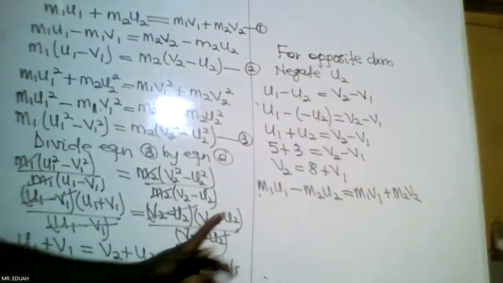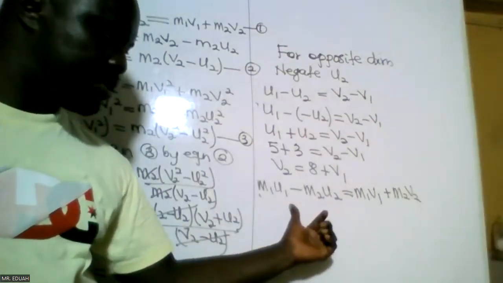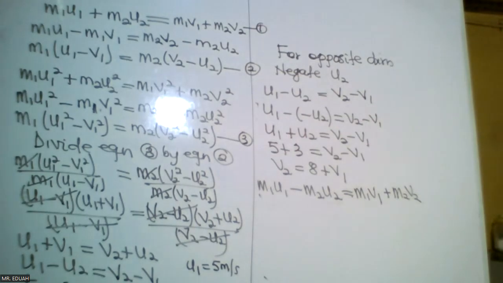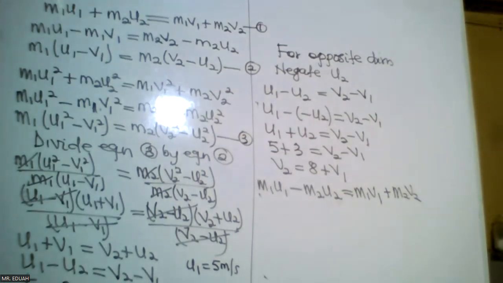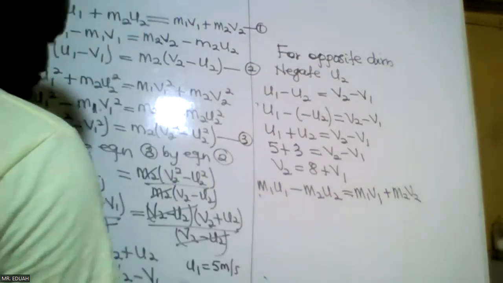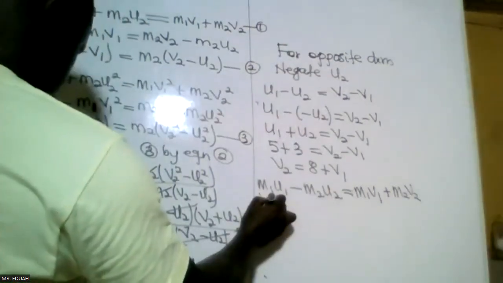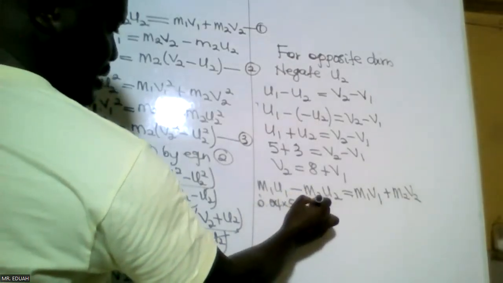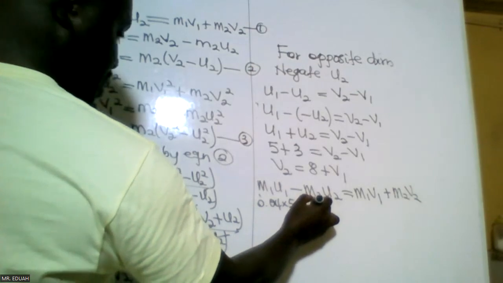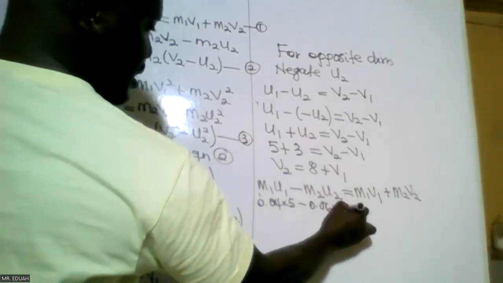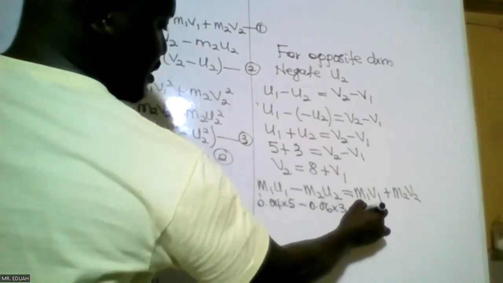In the momentum equation, don't forget, we have also taken account of the opposite direction, the reason for which we have negated that. And so you go through it as you've done: 0.04 times 5 minus 0.06 times 3 is equal to the same thing.